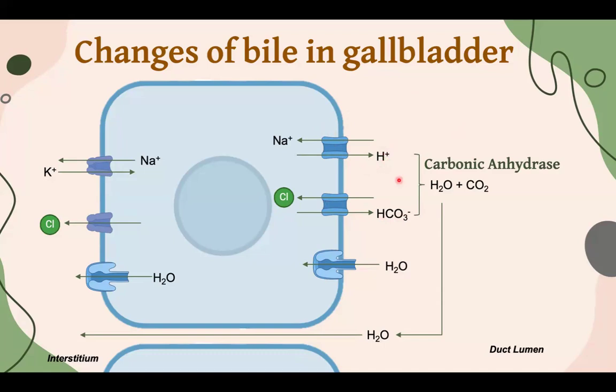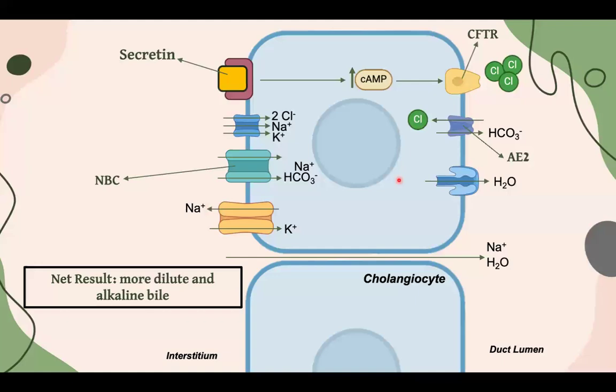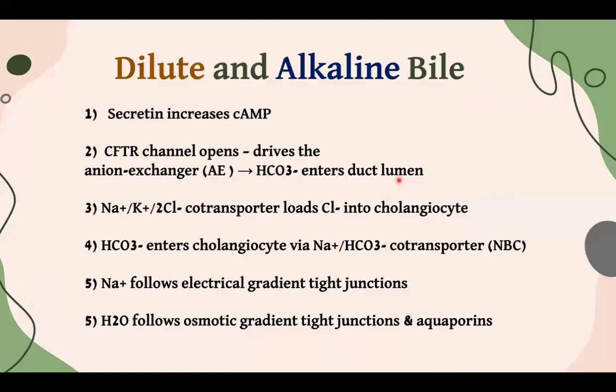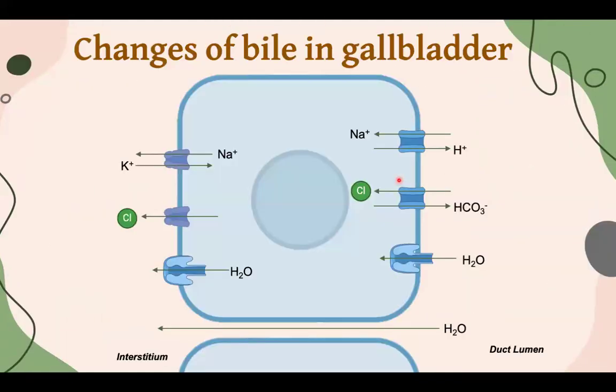You might wonder why we're making it more acidic, because a few slides ago I said that cholangiocytes make it more alkaline. The whole point of the gallbladder doing all this is to make the bile more concentrated. We don't really care about the pH here. We need bile to be alkaline because when it goes through the stomach and into the intestine, the contents are acidic, so we need something to neutralize it.